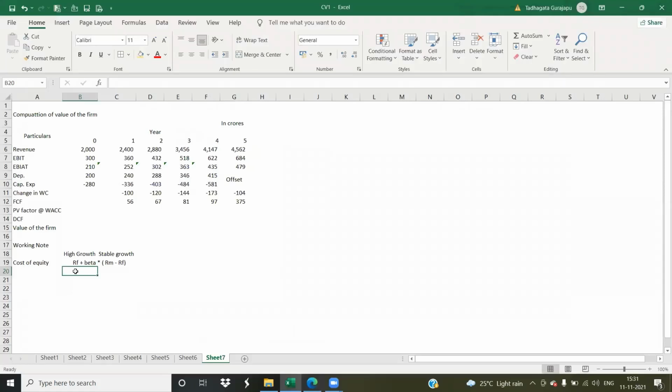So it is 10% plus 1.15 into 6%. Here it is 9% plus 1 into 5%.